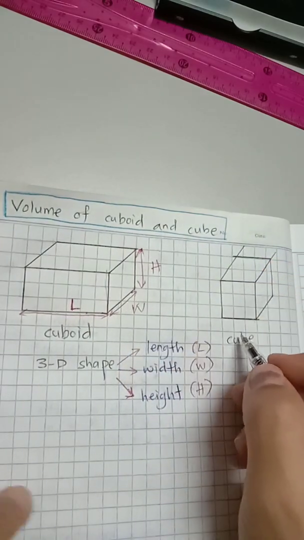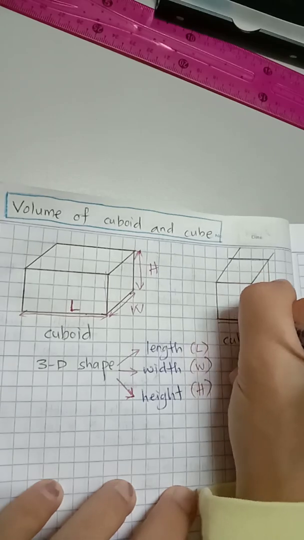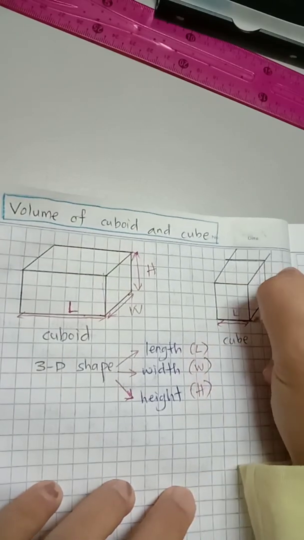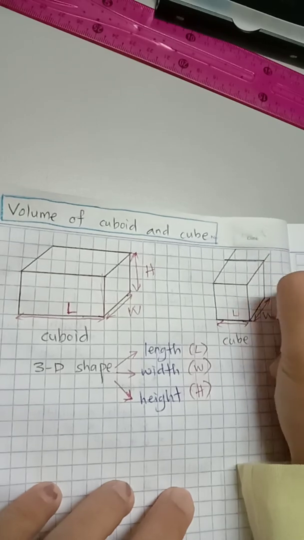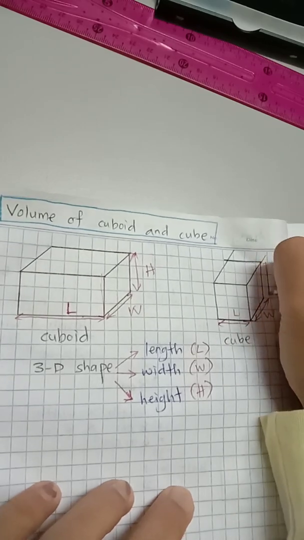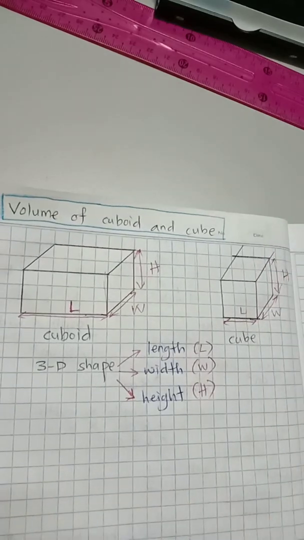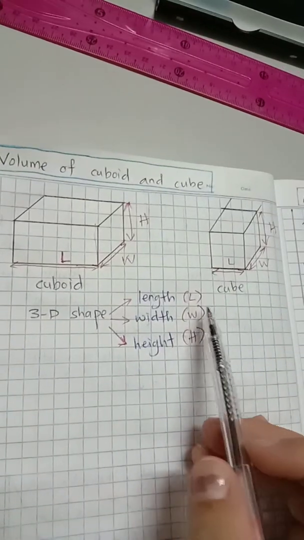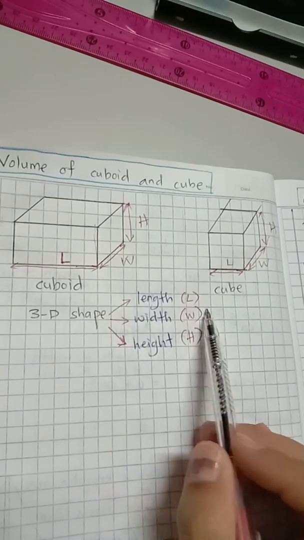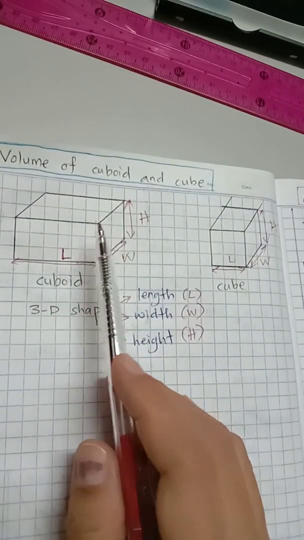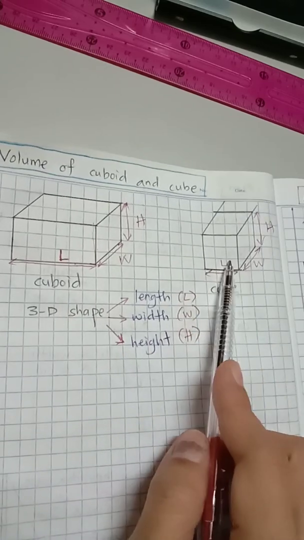Remember, the height must be perpendicular with the length or the width. So the same goes for the cube. This is the length. This is the width. And this is the height. Now, we are going to use these three measurements to find the volume of this cuboid and the cube.